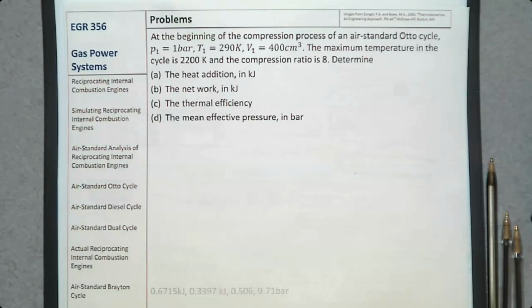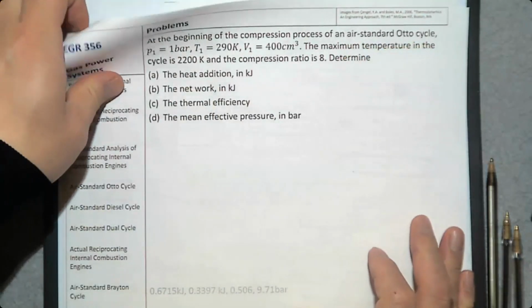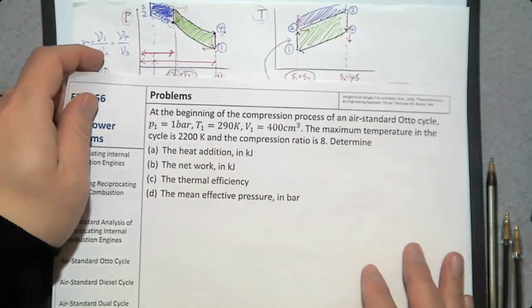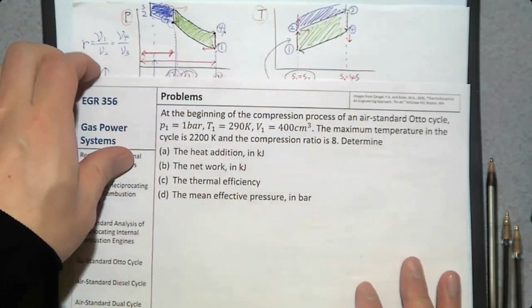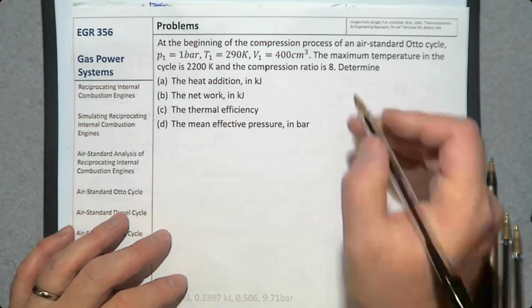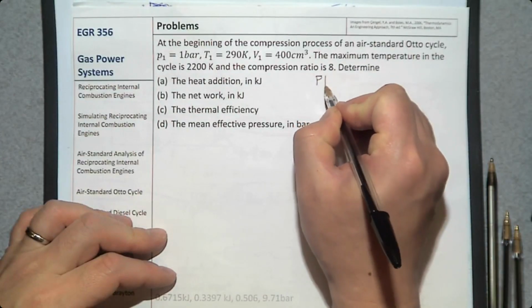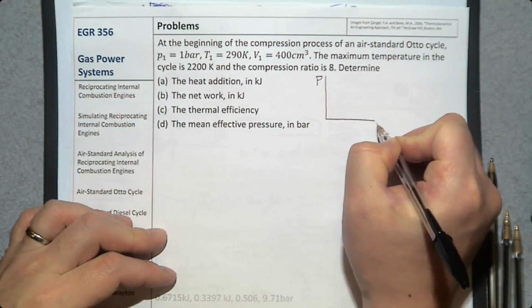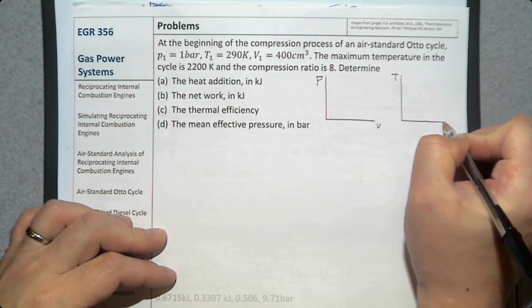So when you see an air standard Otto cycle, the first thing that we need to do is to make the PV and TS diagrams. So let me do exactly what we have to do. A PV diagram first, and TS diagram next.